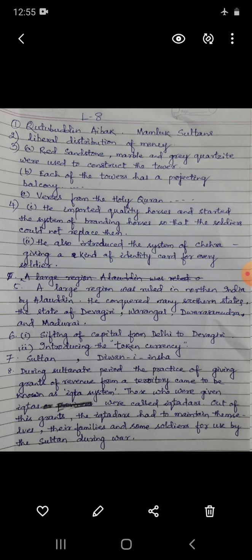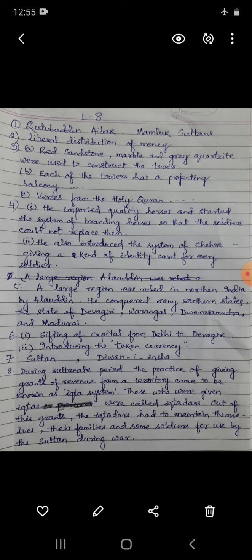2 questions are given. Name the department which dealt with state correspondence during the Sultanate period. So, who was the commander-in-chief of the army during the Sultanate period? Answer: the Sultan was the commander-in-chief of the army during the Sultanate period.